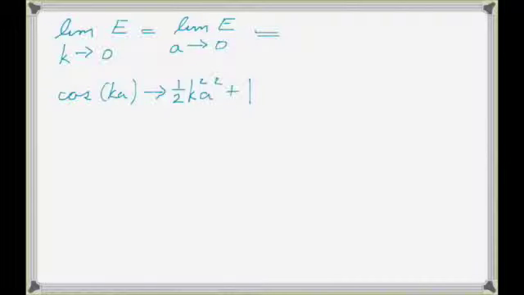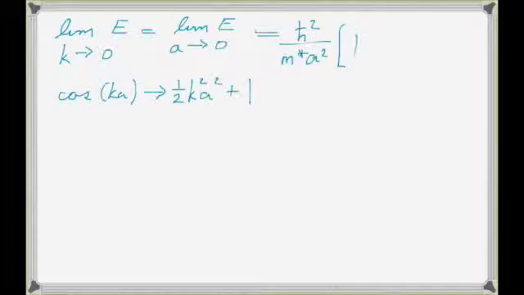And so your dispersion relationship was h bar squared over m star a squared times 1 minus cosine Ka.